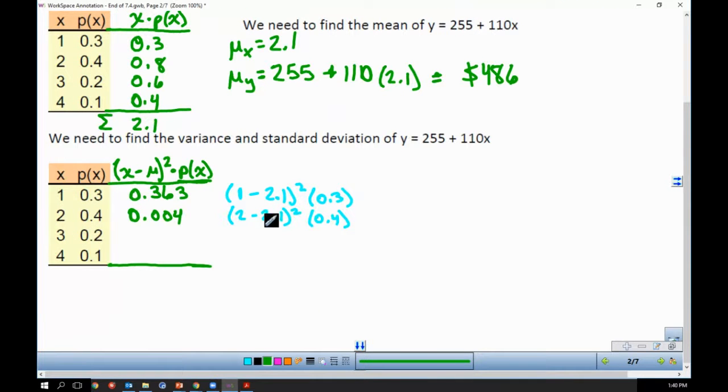You put a 3 here, minus 2.1 times 0.2. So what would you get for that one? .162. And then last but not least, we have where x is 4. .361, that's right.